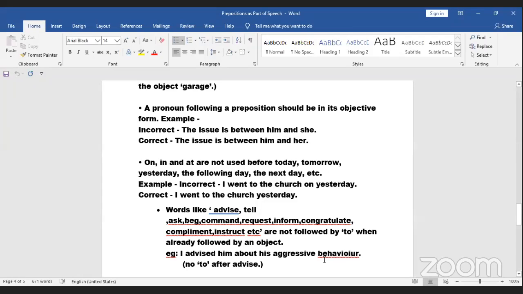Because the question was, I don't remember exactly, some guy requested a manager to extend his leave. Something like that was the sentence. So "requested to" is wrong. "Requested the manager" was the right thing. But it was a lengthy sentence, so people lost it.